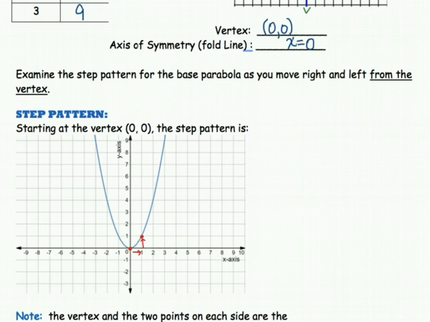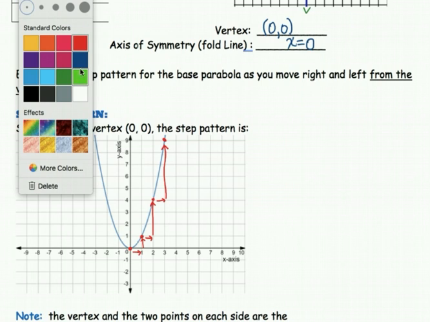Then the next step pattern is you always go over 1, and then you go up until you hit the graph. There it is. Over 1, go until you hit the graph. It's right there. I'll change those to different colors here.